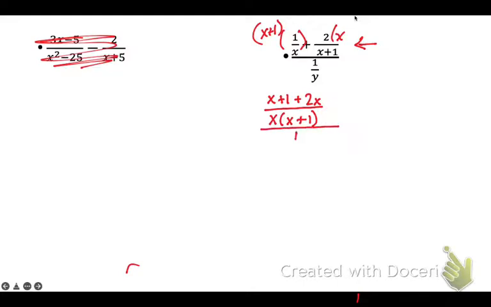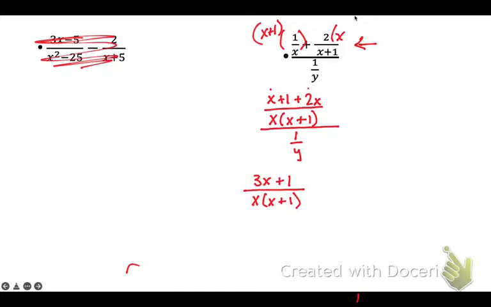All over 1 over y. If we needed to do the same thing with the denominator, we could do it now, but 1 over y is condensed, correct? Okay, so now I have what in the numerator of the numerator? How about 3x plus 1? Because x and 2x. So I have 3x plus 1 all over x times x plus 1.